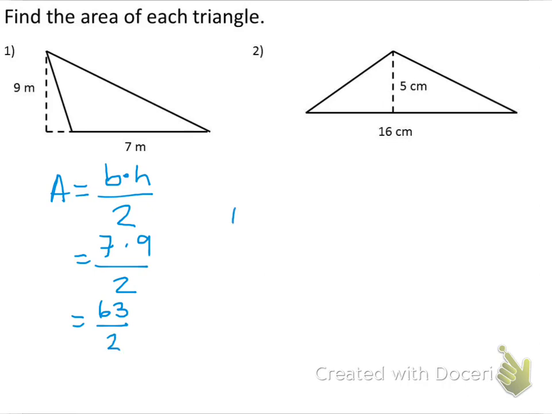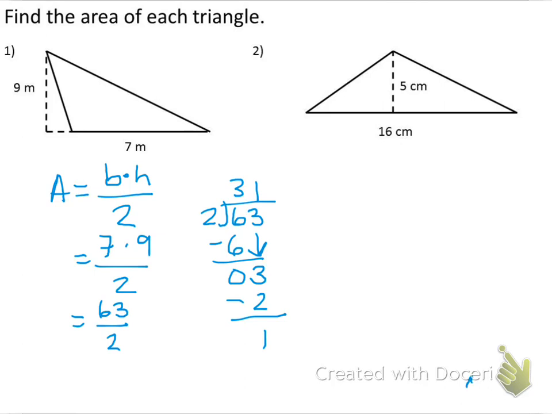Okay, we're going to do this by hand. 63 divided by 2. 2 goes into 6 3 times. 3 times 2 is 6. Subtract that, get a 0. Bring down our 3. 2 goes into 3 once. 1 times 2 is 2. Subtract it, get 1. Now is when you have to decide what you're going to do. You're not going to be able to just write a remainder.